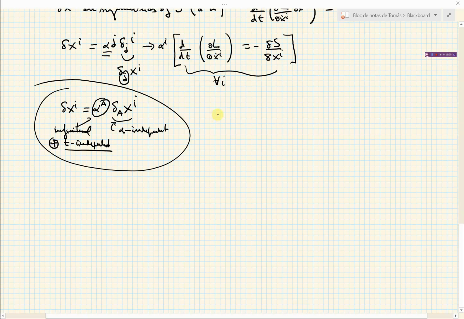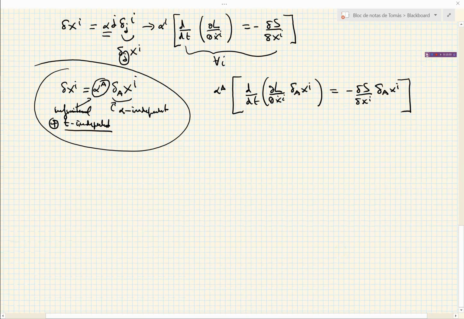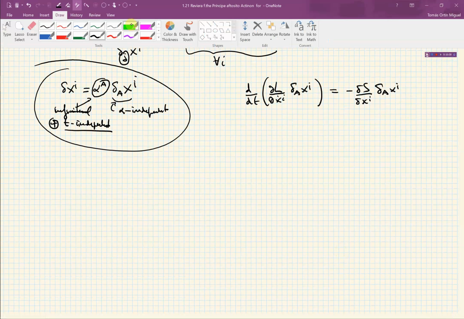You take this alpha a's as common factor and you get d/dt of partial L partial x dot i delta a x_i equal to minus delta S over delta x_i delta a x_i. This means that this identity will be satisfied for each of these indices a. We could remove this common factor, and this would be the general result that now we frame.